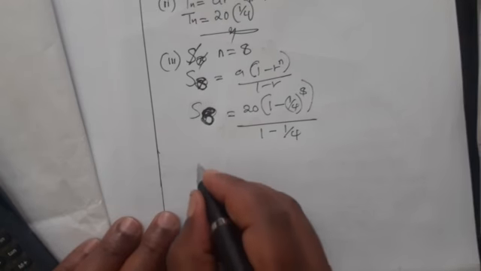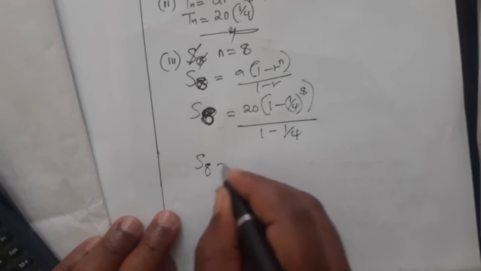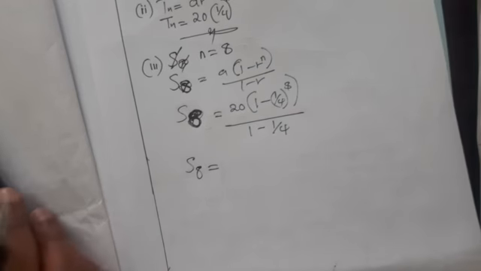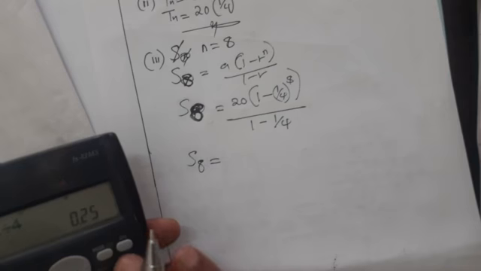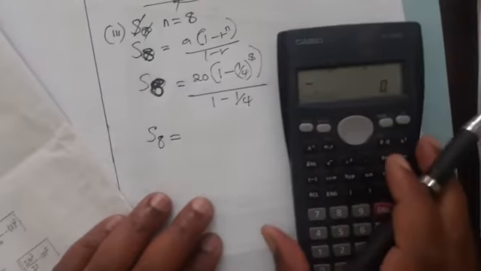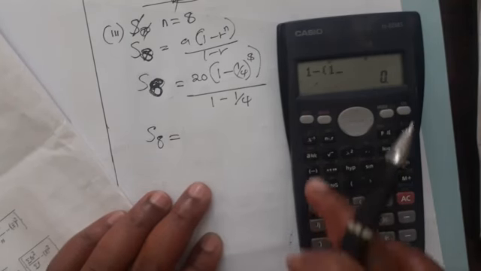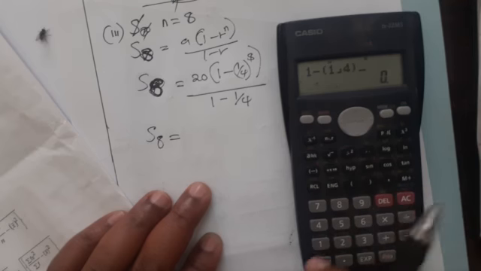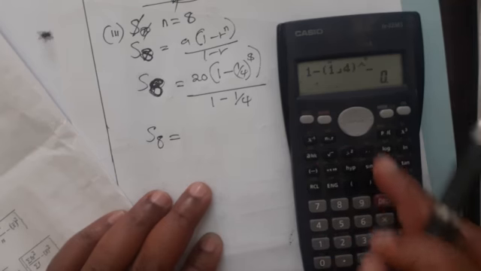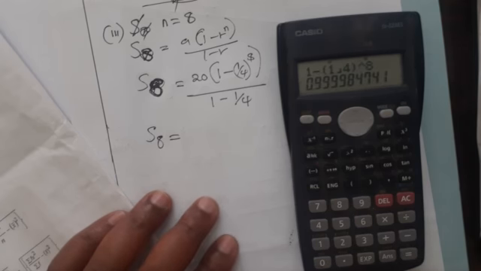Okay, so the sum of the first 8 terms, alright, is equal to, you can say, 1 minus, open the bracket, this is 1 divided by 4, alright, to the power 8. This is the answer, okay? This times what? Times 20. What do you get? This is what you are going to get here.